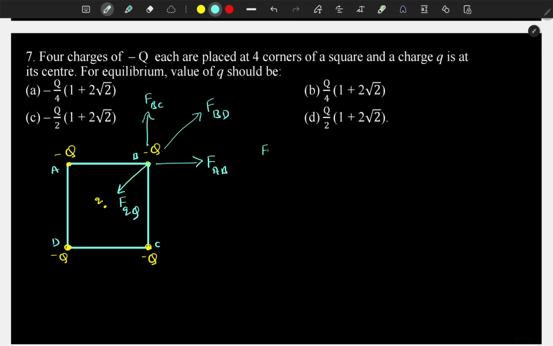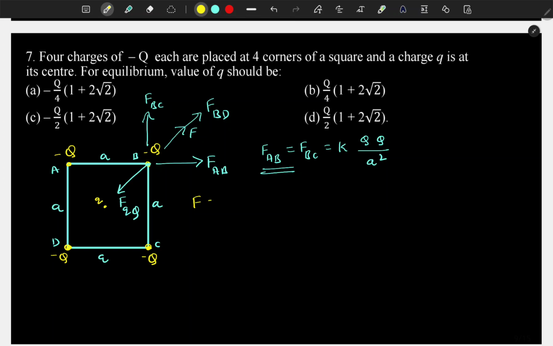So FAB value is equal to FBC value, because the charge and the distances are same. That is equal to some constant k, that is 1 by 4 pi epsilon naught, capital Q into capital Q divided by a square. So this FAB is equal to FBC, and the resultant in the direction of BD is given by F. Let me calculate that.